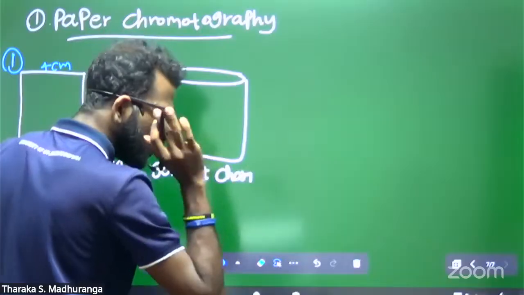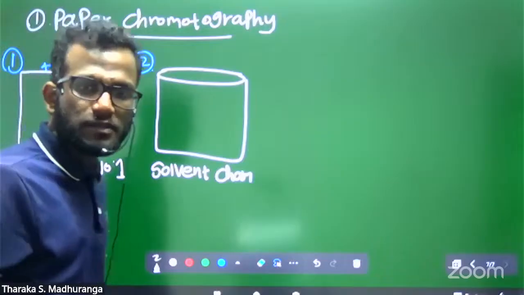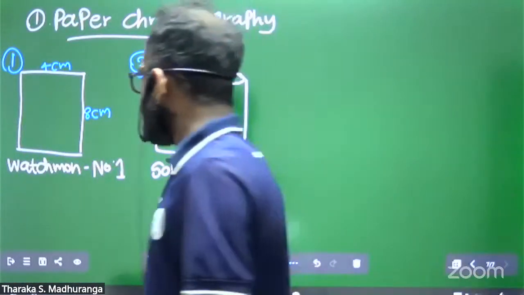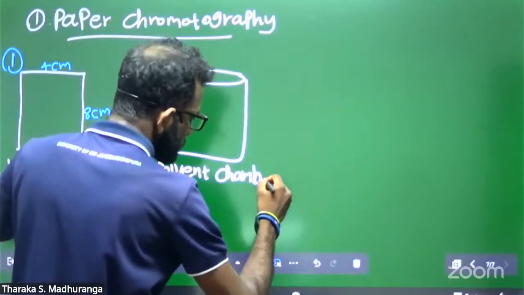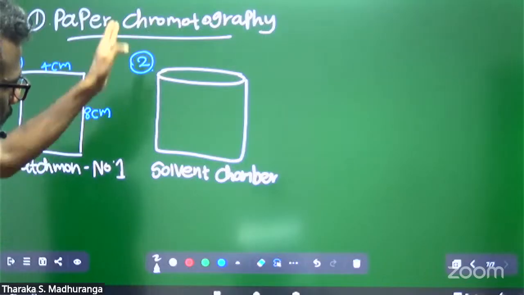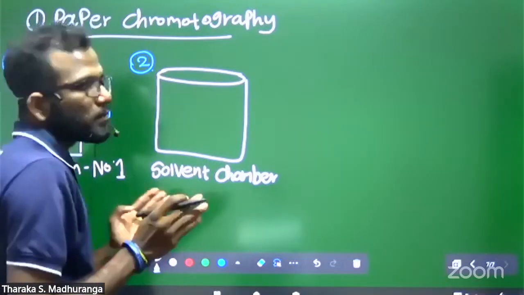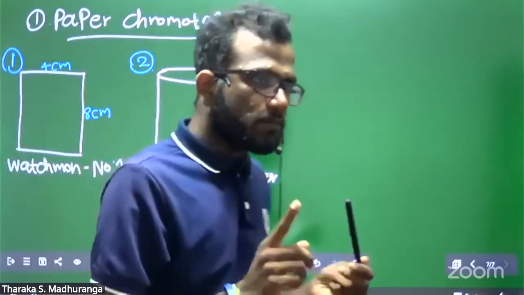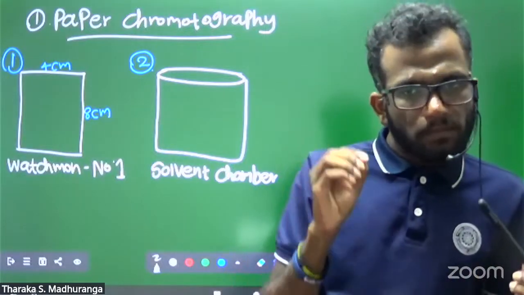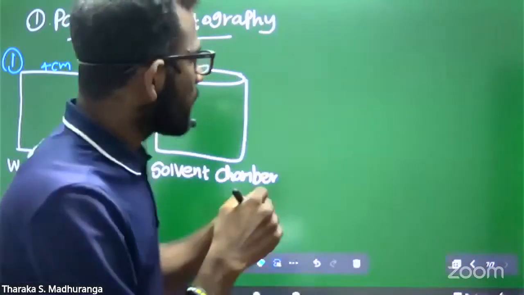These terms are very important. These measurements you compulsorily need to remember. After that, collect a suitable solvent for your solvent chamber. Suitable solvent means according to the compound, according to the polarity, as I have explained.